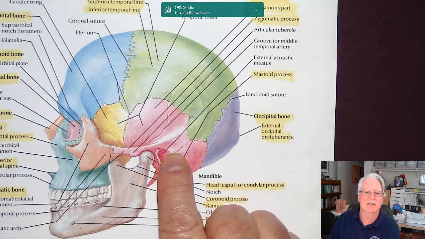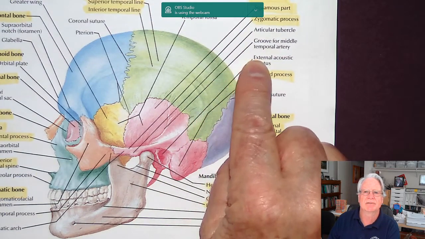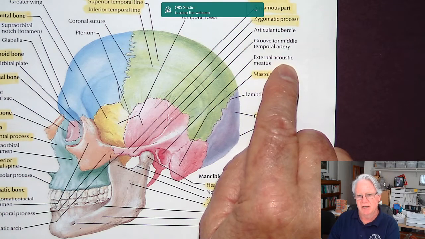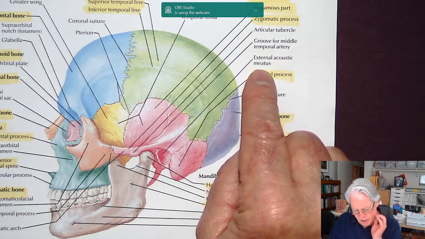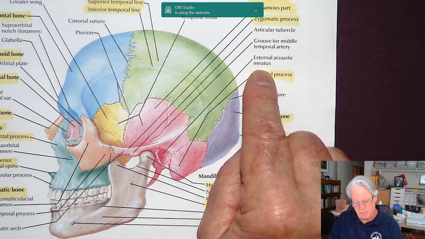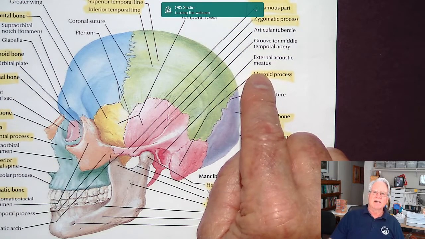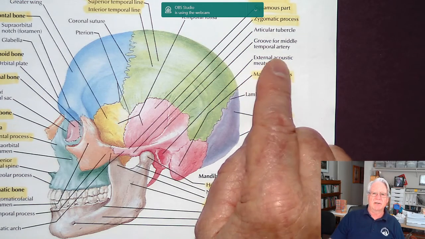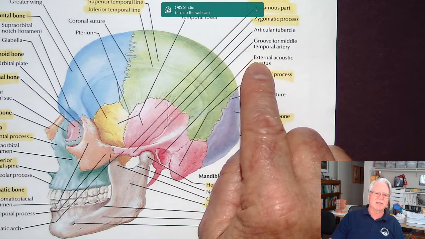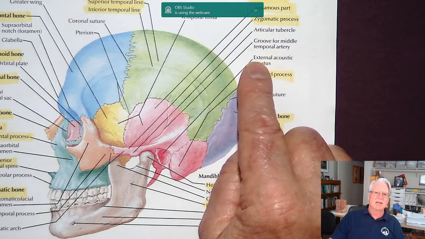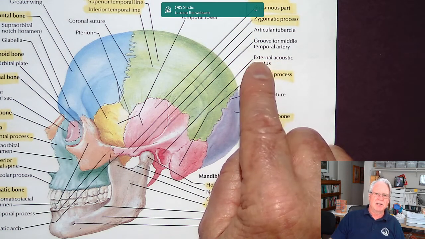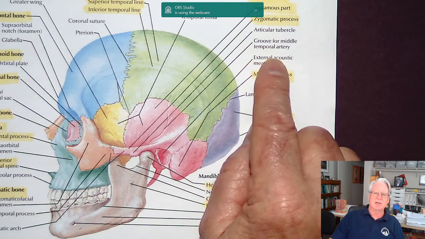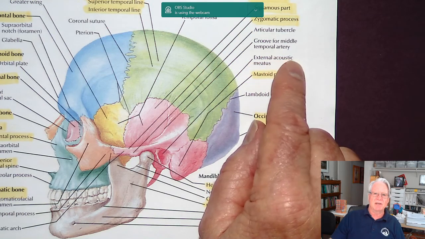Here is the external, and he's calling it acoustic. We're calling it the external auditory meatus. He calls it acoustic. So sometimes you'll see this slight difference in terminology between different textbooks. So it doesn't matter. It's the same. Acoustic, auditory means the same thing.